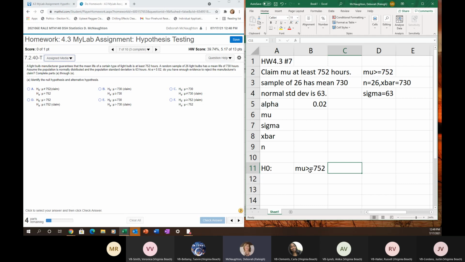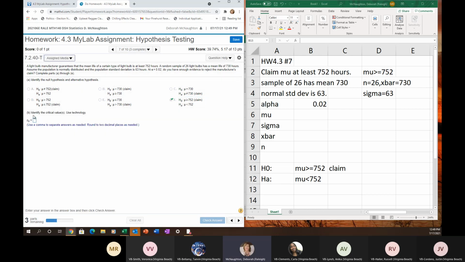Since it has the greater or equal to sign, this is the claim and the null hypothesis. And then I like to write in that this is my claim. And then my alternative hypothesis is the opposite of that. So it's mu strictly less than 752. So that's the first thing it asks us for. So that's this one here. Mu greater than or equal to 752 is the claim.